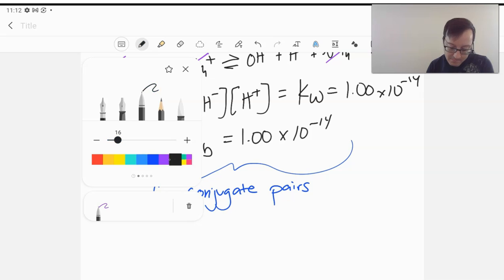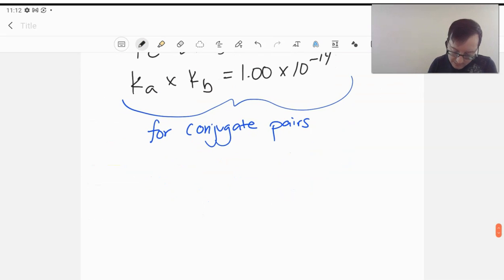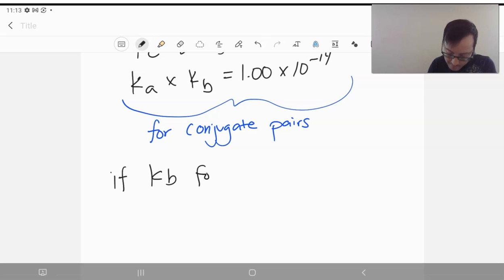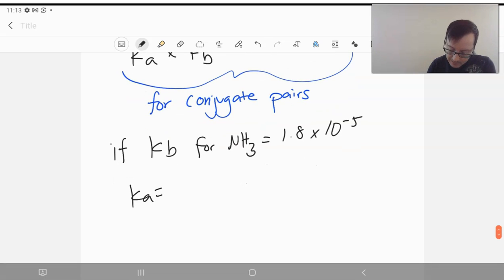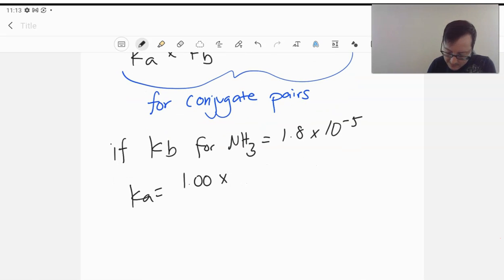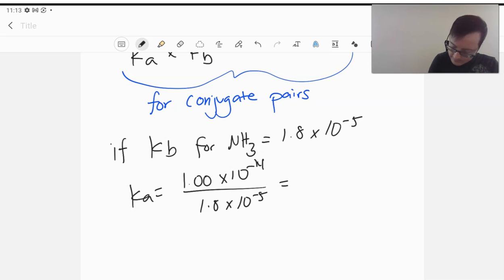So with that in mind now, we can say, okay, well, if Kb for ammonia was 1.8 times 10 to the negative 5, then Ka would be 1.0 times 10 to the negative 14 over 1.8 times 10 to the negative 5, which will equal, let's see, 1 EE negative 14 divided by 1.8 times 10 to the negative 5.